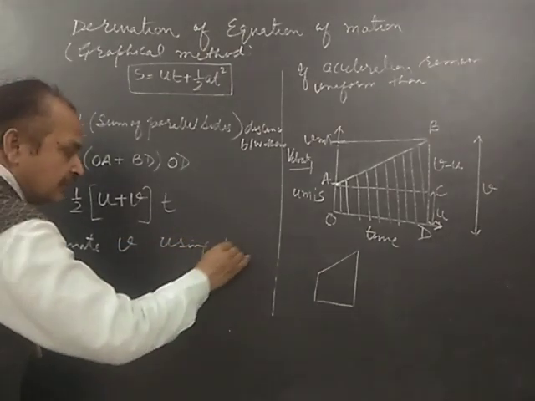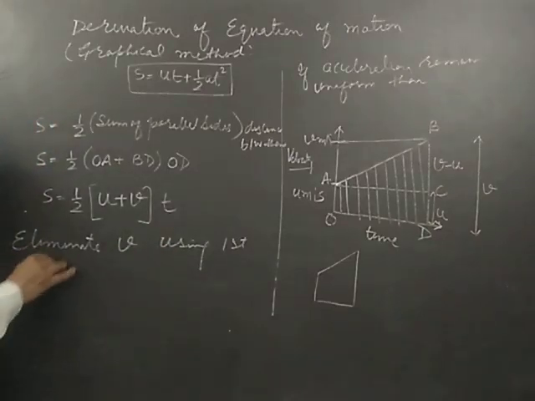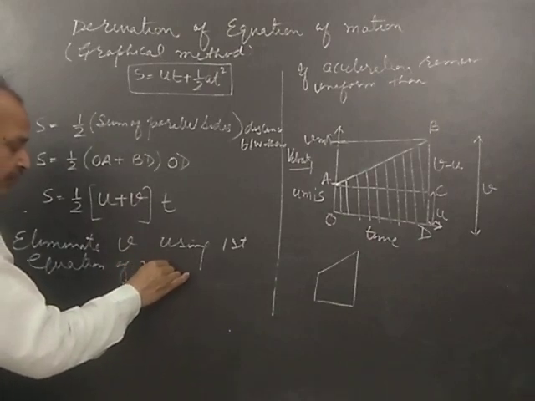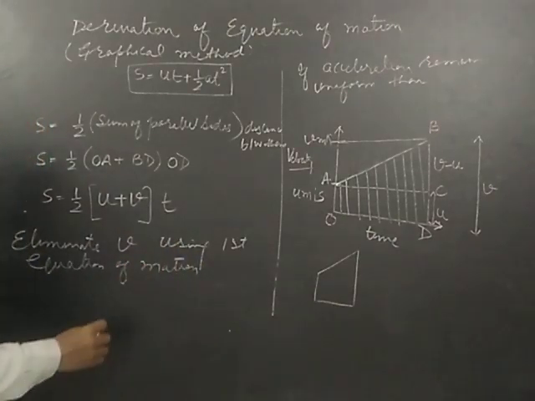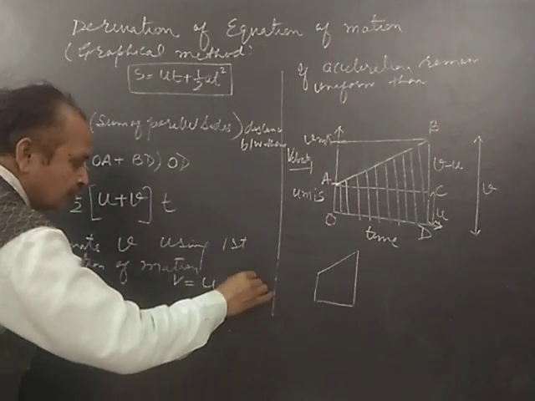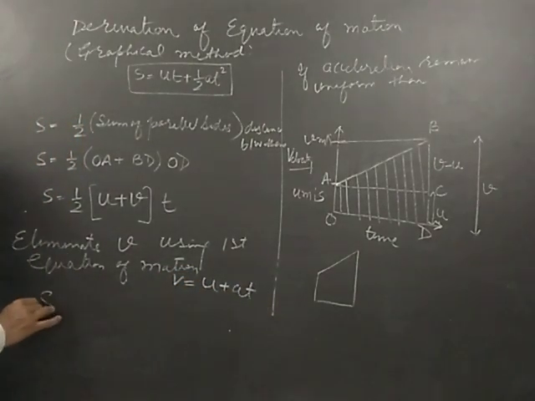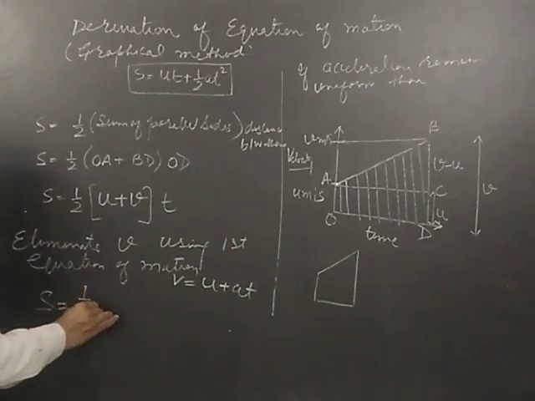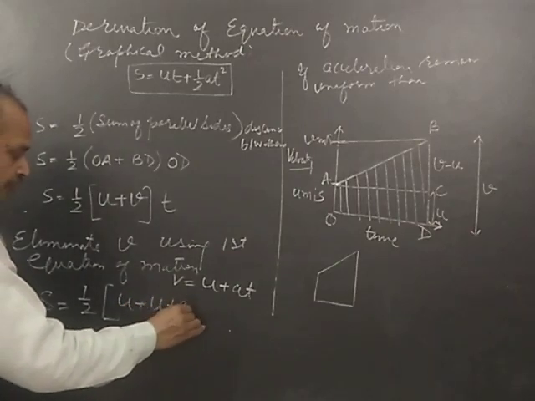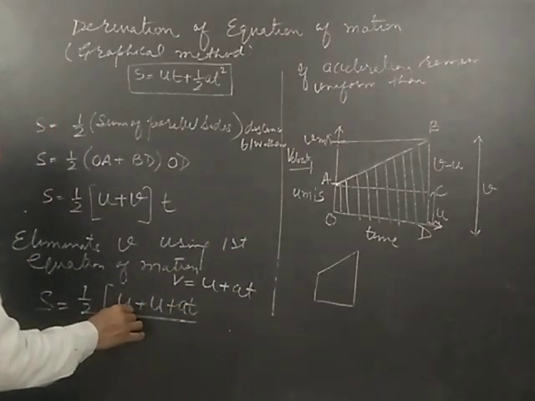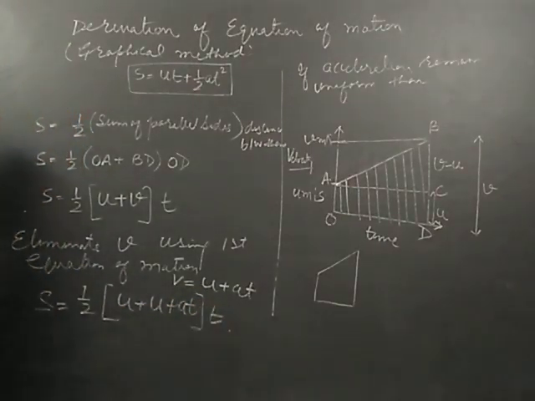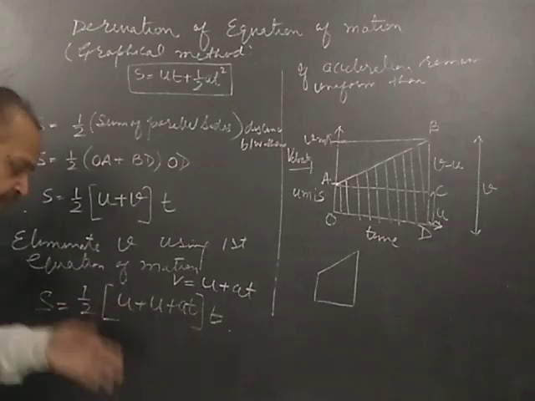By using the first equation of motion. And what is that? V is equal to U plus AT. So S is equal to half into U plus AT into T. Is it clear, my dear friends?